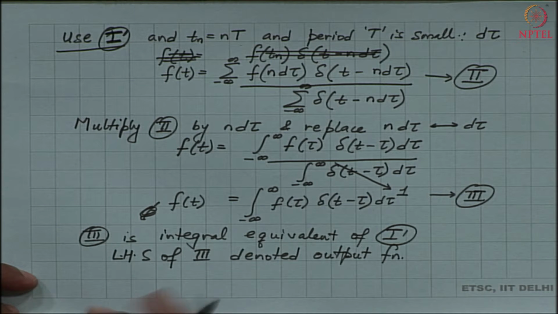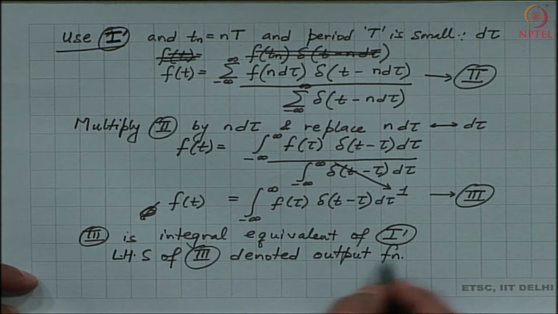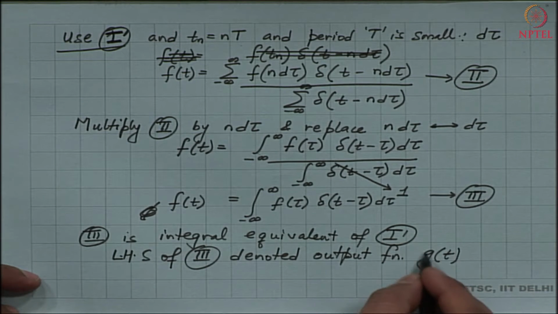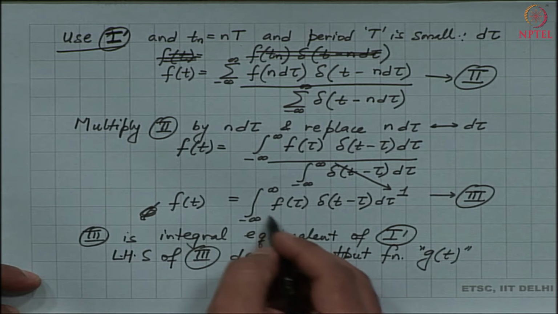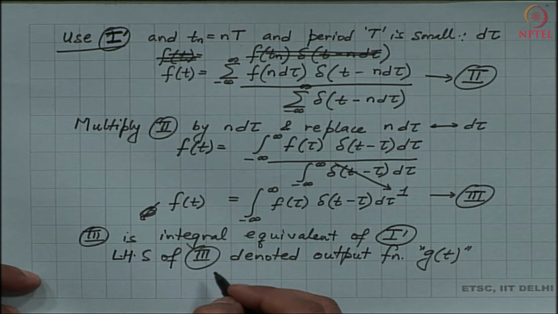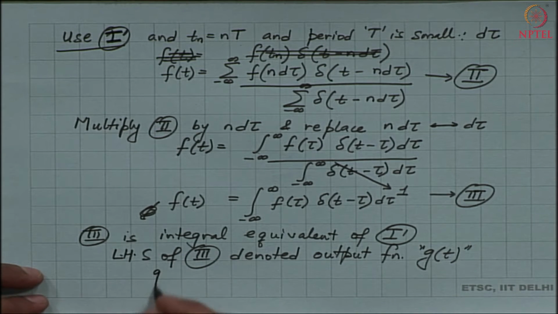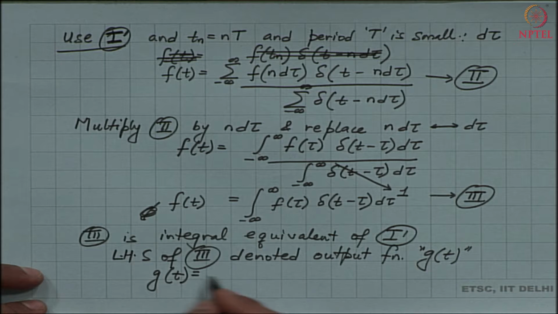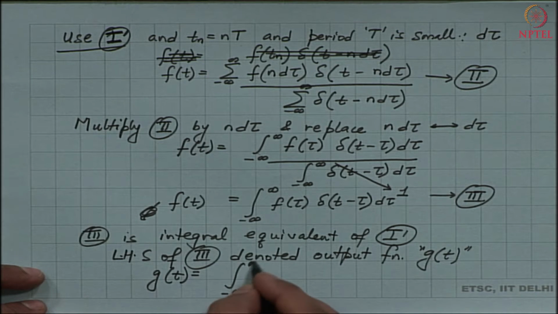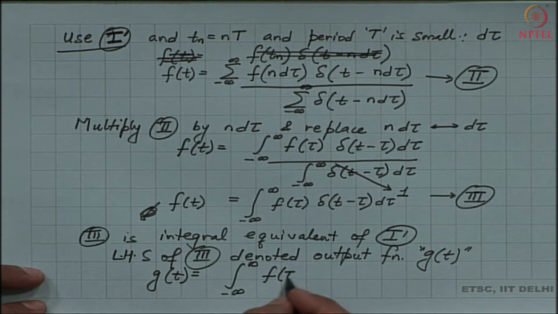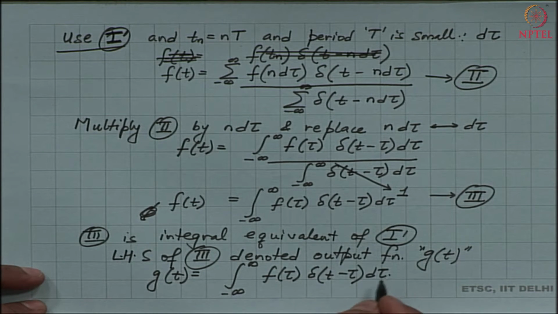So, what I am saying is the following: g of t is the output of the system and f of t is the input of the system, which is the convention that I started with. In that case my g of t is the integral from negative infinity to infinity of f of tau delta of t minus tau d tau. Okay.